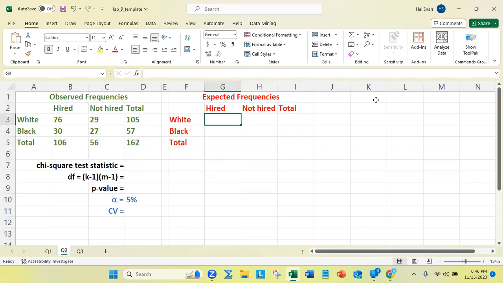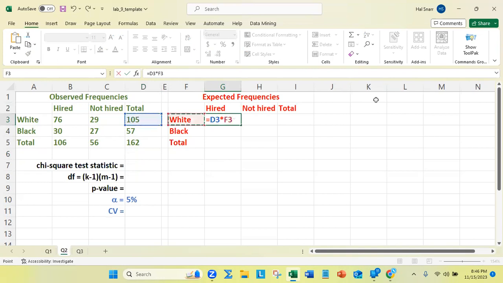The expected frequency of white and hired is found by taking the row total, the total number of white applicants, and multiplying that by the total number of hired applicants. So we got the total amount of white applicants times the total amount of hired applicants.